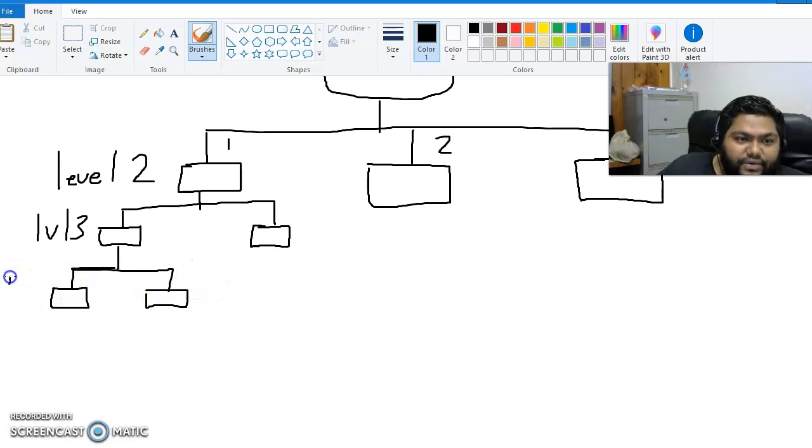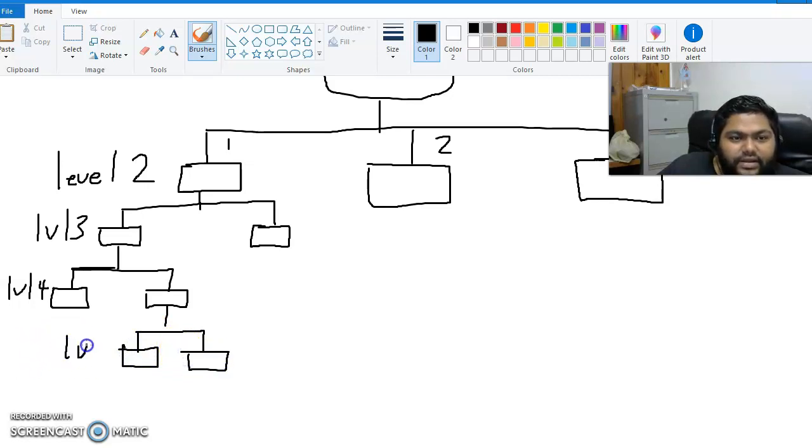Call this level 4, and then continue breaking it down. Level 5, continue breaking it down till we reach level 6.